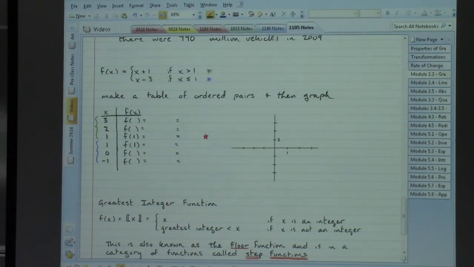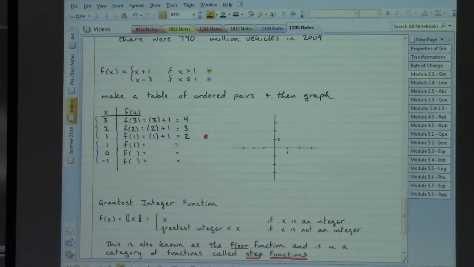So let's go ahead and crunch these things out. F of 3 uses the first piece, so 3 plus 1 is 4. F of 2 uses that first piece, 2 plus 1 is 3. And just so that we know how things look, if we use the first piece and plug in x equals 1, we would get a y value of 2.